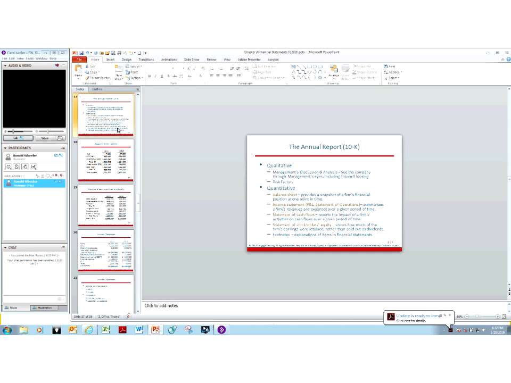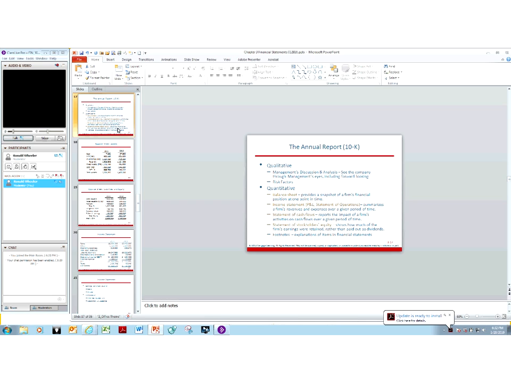So those are the qualitative aspects. The quantitative aspects are really where we'll spend a lot of time talking in this session. Scott did a good job of walking through what those quantitative statements are. You start with the balance sheet, and that provides a snapshot of the firm's financial position at any point in time.